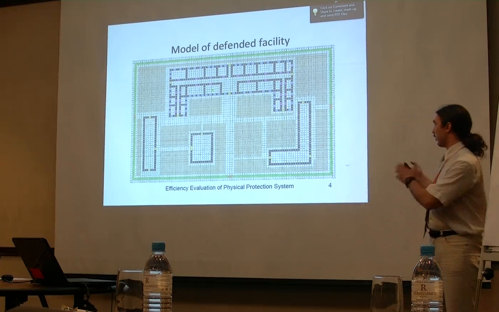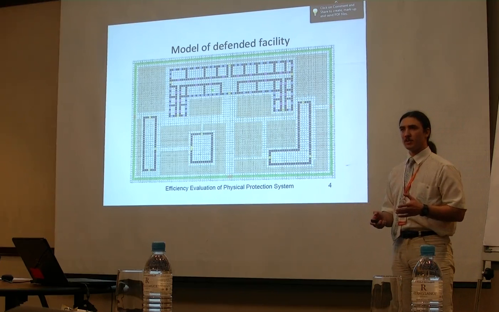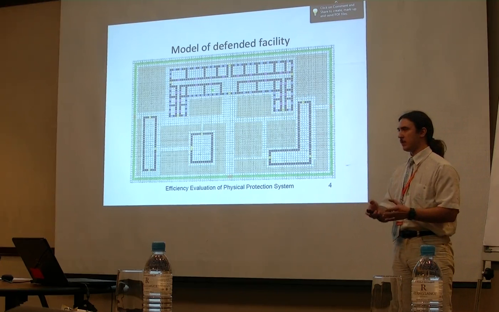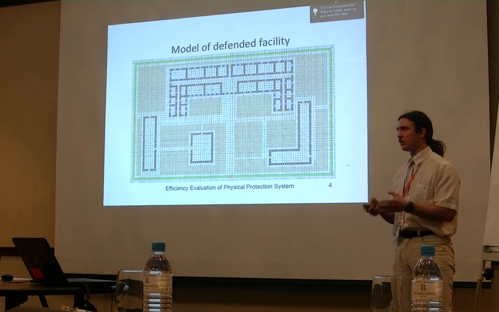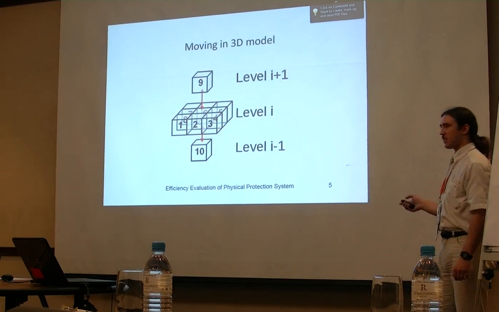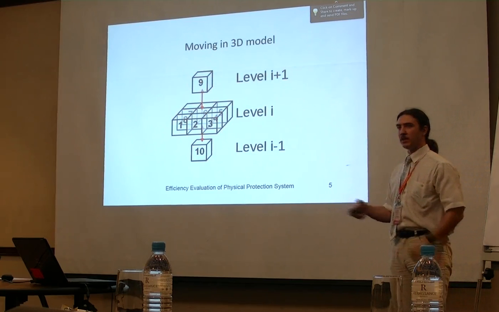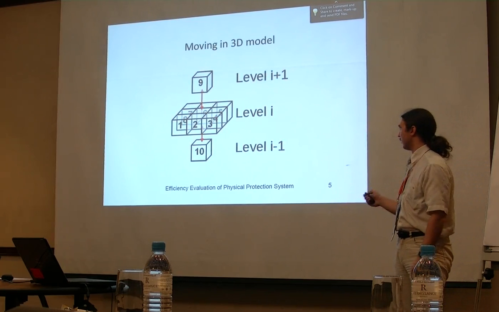Thus, we have a model of the facility, and movement through the territory is modeled as jumping between adjacent squares. So delay time shows how long you have to stay in the square before you can perform the next move. This model is good for planar analysis, but usually security systems deal with buildings which have several layers, multiple floors.